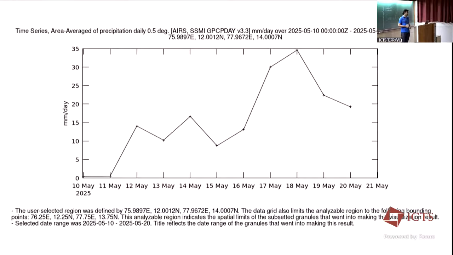Based on that, it might differ a little bit. Nonetheless, we can all agree that there was some heavy precipitation, about 35 millimeters per day. But if you look at IMD records, you would find larger amounts of rainfall on that day.